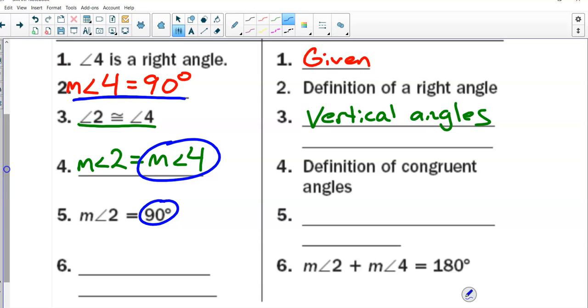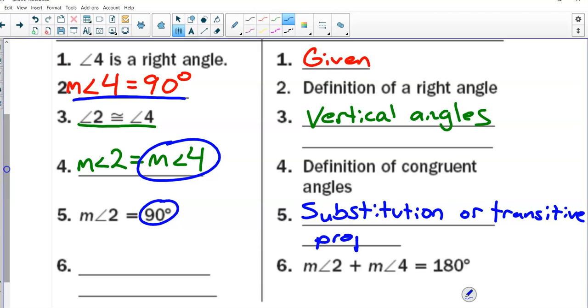And then we can also use the transitive property, stating the measure of angle 4 equals 90 degrees, and the measure of angle 4 equals the measure of angle 2, so the measure of angle 2 also has to equal 90 degrees. So that is substitution or transitive properties.